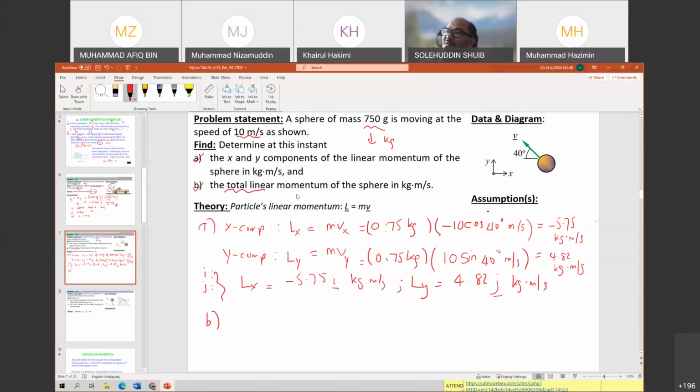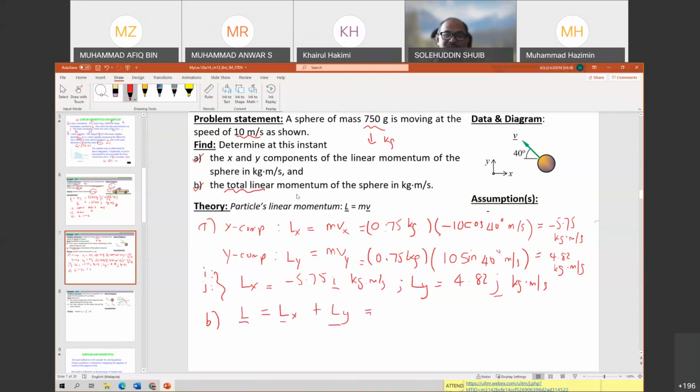So when it is the resultant, you need to add Lx and Ly. We add: total momentum L equal to Lx plus Ly.